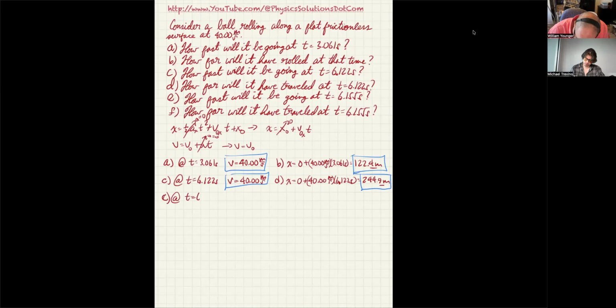At t equals 6.155 seconds, v is equal to 40.00 meters per second because the acceleration is 0 again. And finally, part F, how far will it have traveled at that time? Well, x is going to be equal to, I'll leave the units off this time, 40.00 times 6.155. So 40 times 6.155 gives me 246.2.